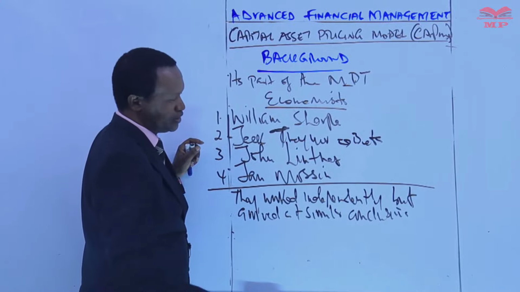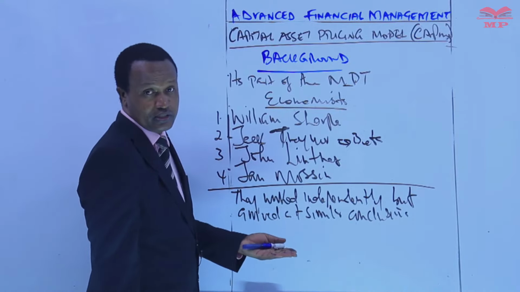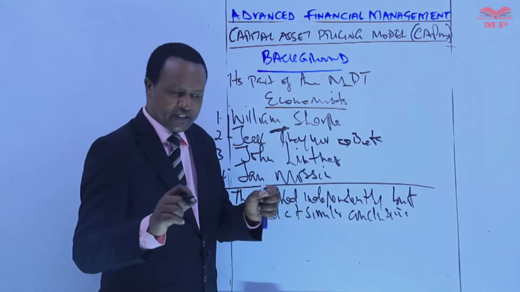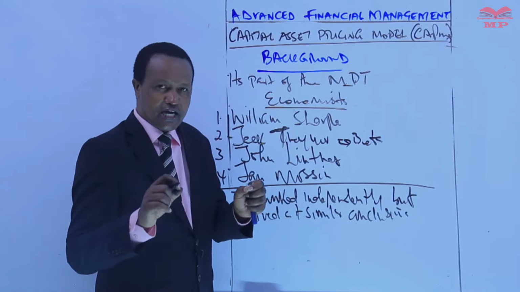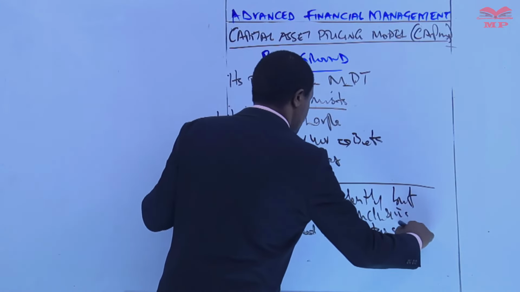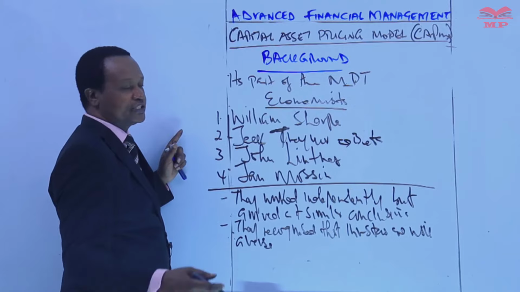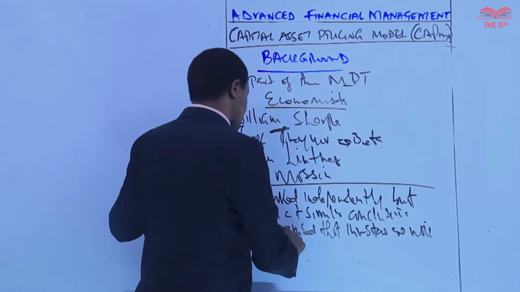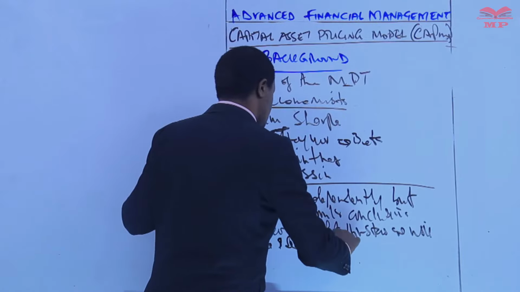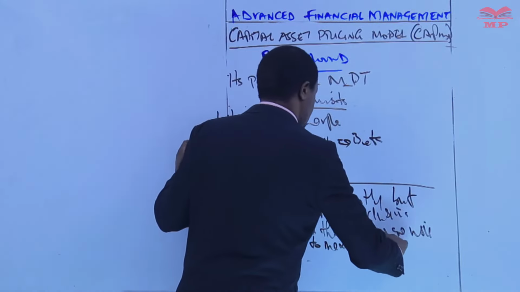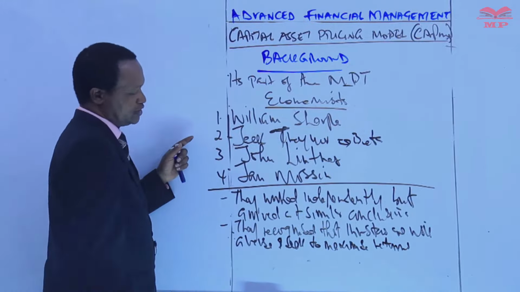They independently worked, but arrived at similar conclusions, and they recognized that investors are risk averse. Generally, investors are risk averse and seek to maximize returns. That's what they recognized.